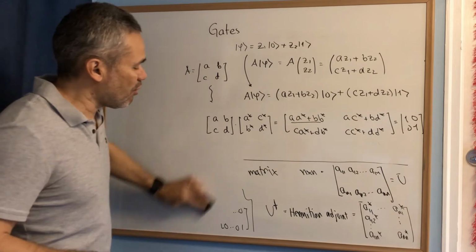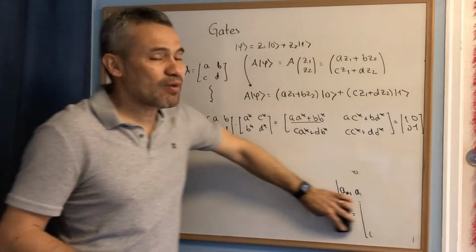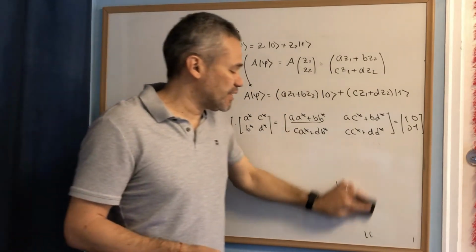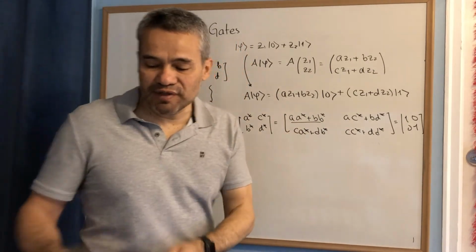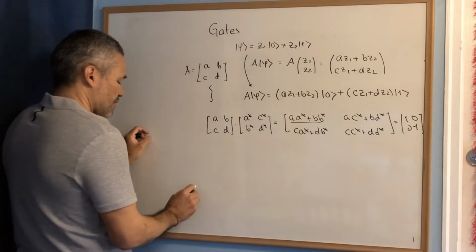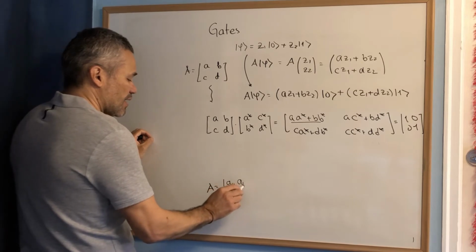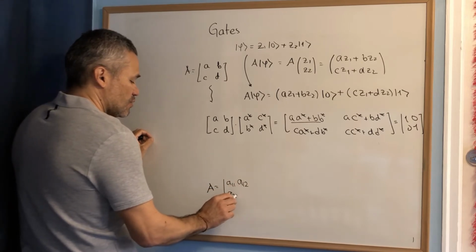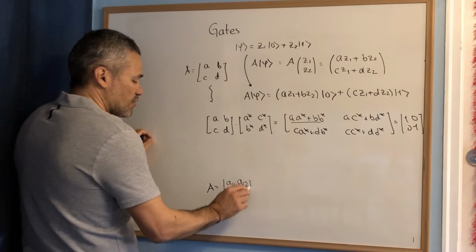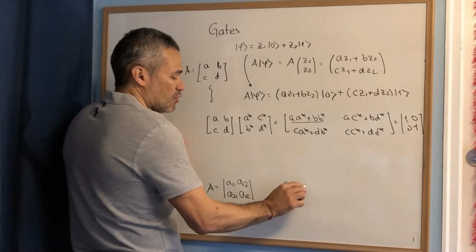Now let's try to solve the following problem. Let's suppose that we have a system of 2 qubits. We have qubit 1 and qubit 2. Suppose that we have the matrix A equal to A11, A12, A21, A22, a unitary matrix acting on qubit 1.